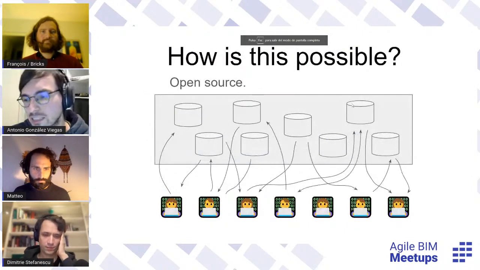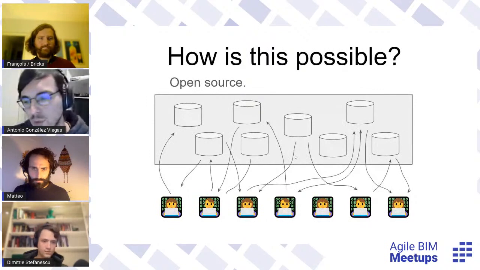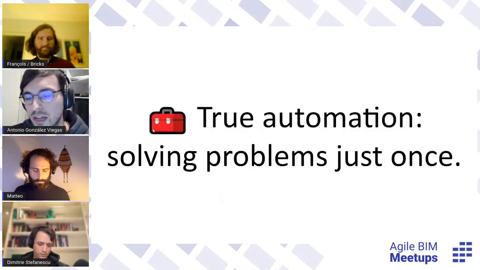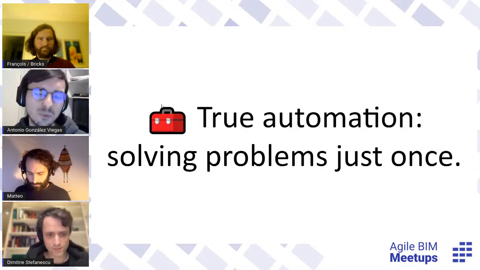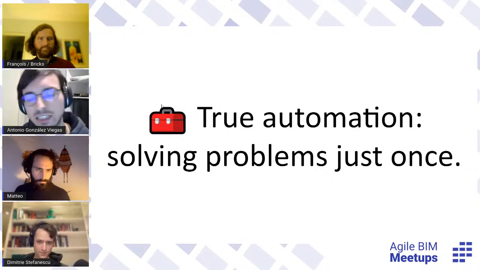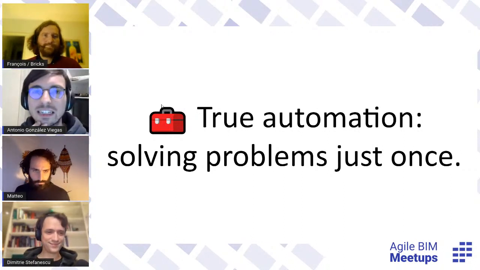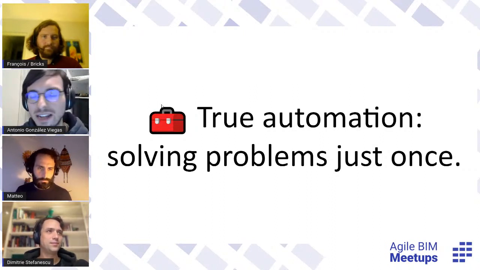Again, this is possible because we are sharing everyone's work. Instead of doing everything individually, we are trying to do everything in common. And for us, this is what true automation is about, because nowadays we see a lot of people talking about automation and innovation on LinkedIn, especially in the BIM environment, the very famous computational designer role that is born now, right?